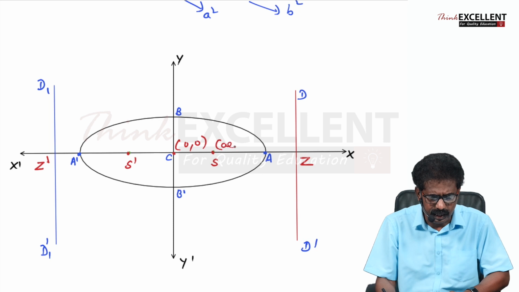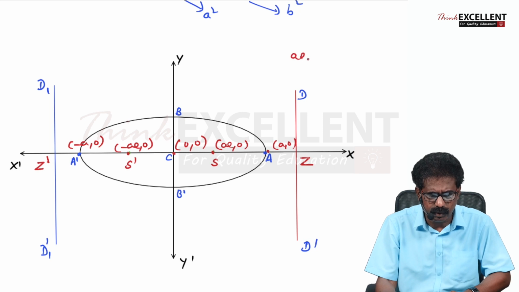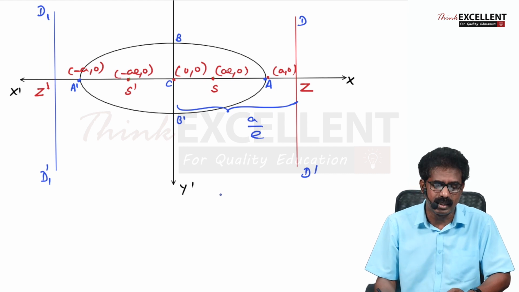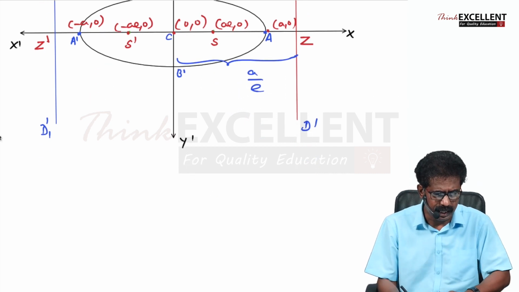Focus is (ae, 0), one focus. Another one is (minus ae, 0). Vertices A is (a, 0) and another one is (minus a, 0). And ae only, we take it as what? c. You can use ae or c. Then the directrix is at x equals a by e, right? Then focal property we studied. Sum of the focal distances equal to length of the major axis.